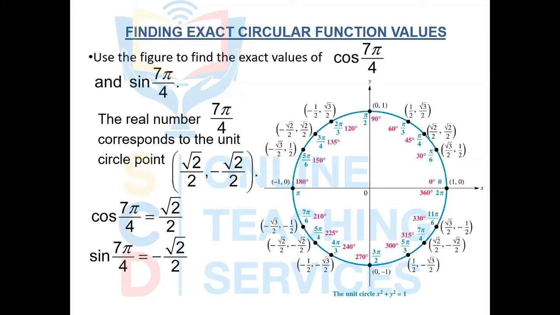But if our calculator is set in radian measure or radian mode, then we can already get the calculator approximation for cosine 7 pi all over 4 without dividing square root of 2 all over 2. Do you understand? Can you try, Jessalyn, if your calculator will display 0.7? Try first. If you input cosine 7 pi all over 4, what does it display in your calculator after pressing equals?